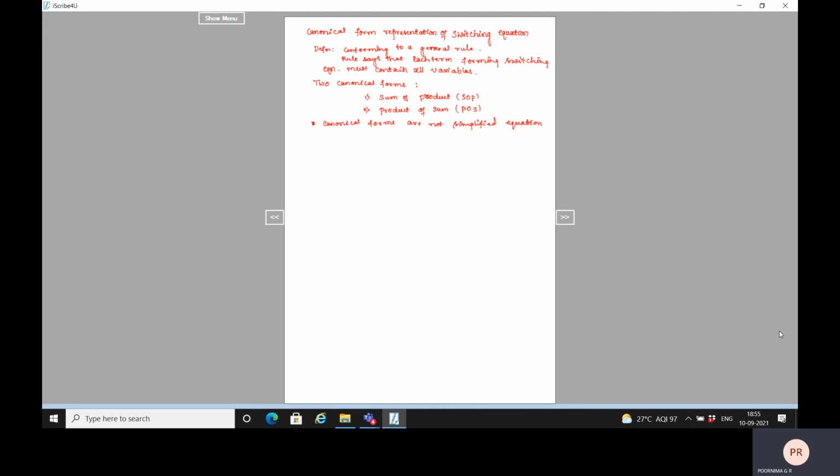In order to understand what exactly POS or SOP is, let us take an example which is representing a switching equation that is a function of three variables A, B, C. With these three variables, first we'll learn how a min term or a max term will be represented, and later how the canonical forms of the switching equations in POS form or in SOP form will be derived.